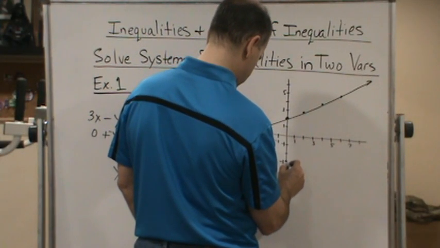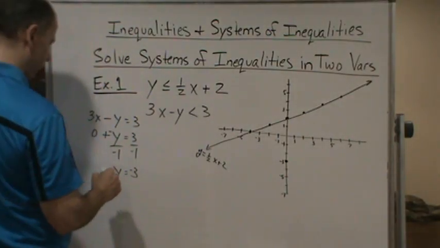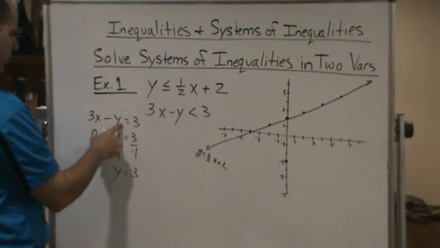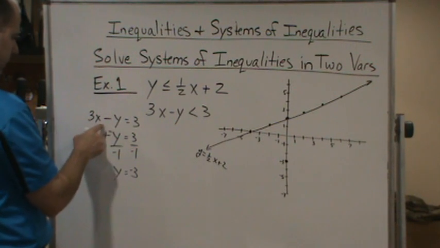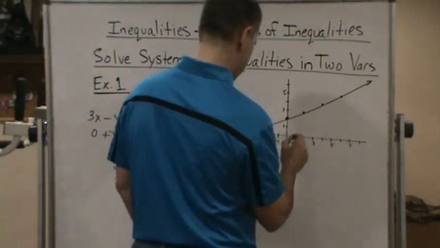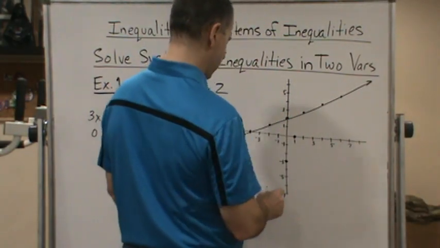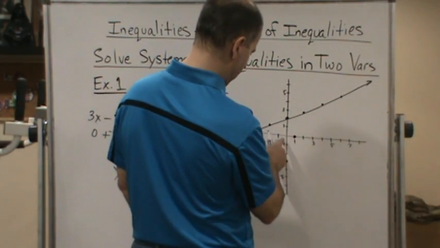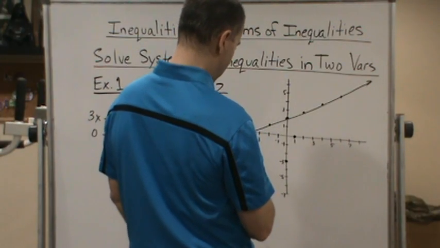So here's this one. And then if we go back and make y 0 to get the x-intercept, what happens when y is 0? x becomes 1. So we can see the slope is 3 over 1, so the slope looks like it's 3.